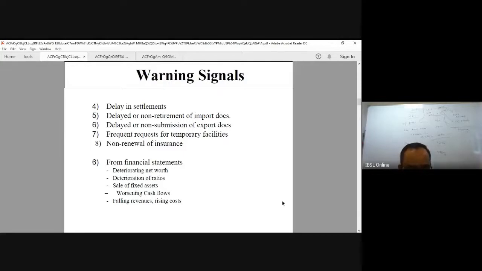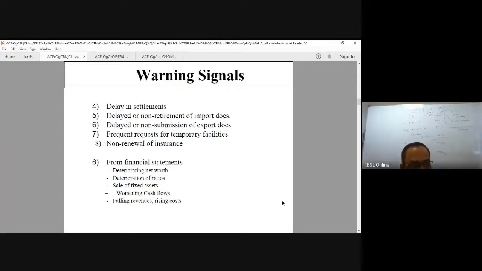It's a problem. Delayed or non-submission of export documents. Now they take a pre-shipment loan from you, take the money, and then the money is taken for purchasing export items. But there's a delay in submission of the export documents. So then it's bad whether this person has taken the PSL and then is going and rolling, right? Not a good sign.